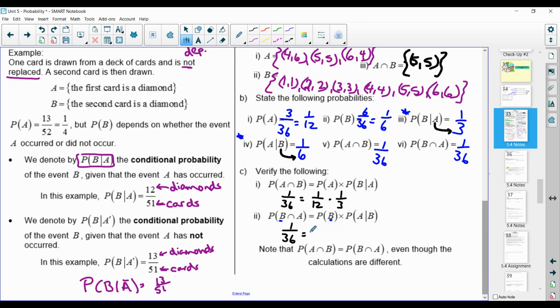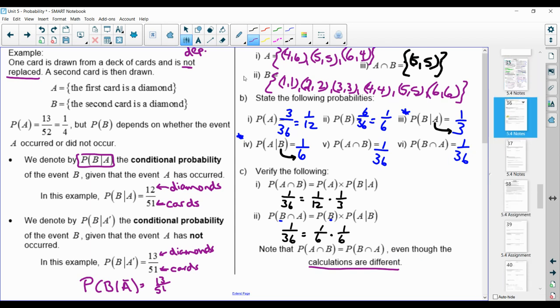The probability of B was 1 over 6. But the probability of A given B was 1/6. So different probabilities multiplied together, but leading to the same result. And so down here it says, note that the probability of A and B is equal to the probability of B and A, even though the calculations are different. Okay.